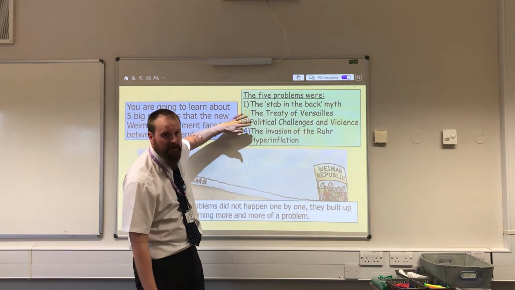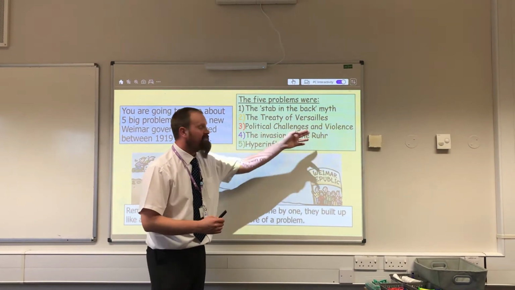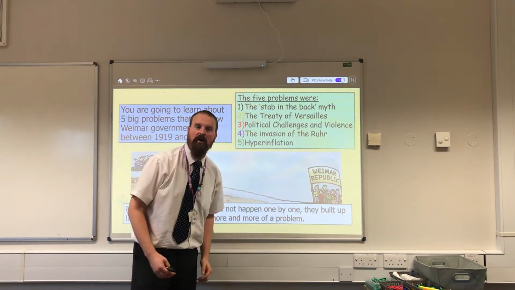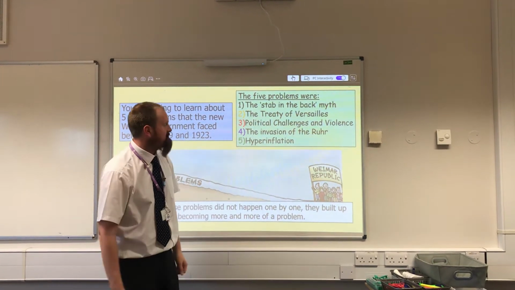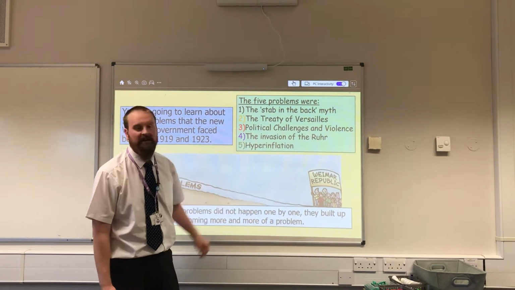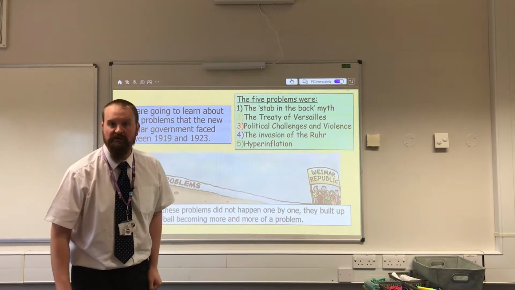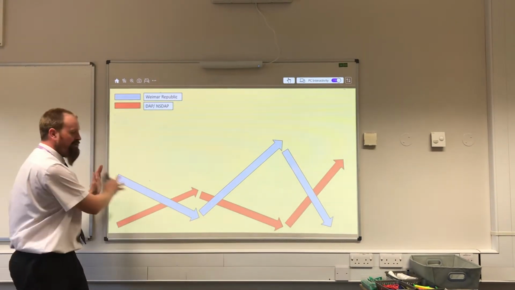The constant political challenges inside the Reichstag, the German parliament, and the violence, the putsches, the uprisings on the streets outside. The invasion of the Ruhr by the French, and finally number 5, hyperinflation, when the money becomes worthless almost overnight. So that is our first time period.